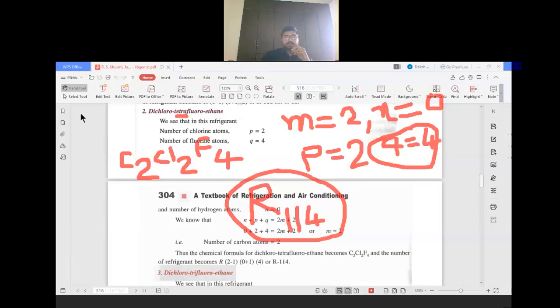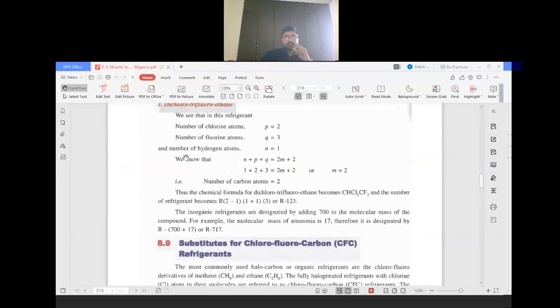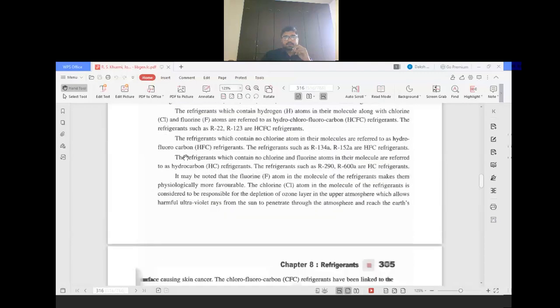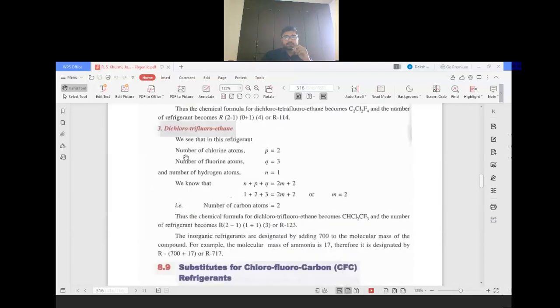Now let us take the third example. Okay, in these three examples given, let us take this our third example. So dichloro trifluoroethane. So again ethane, but dichloro.